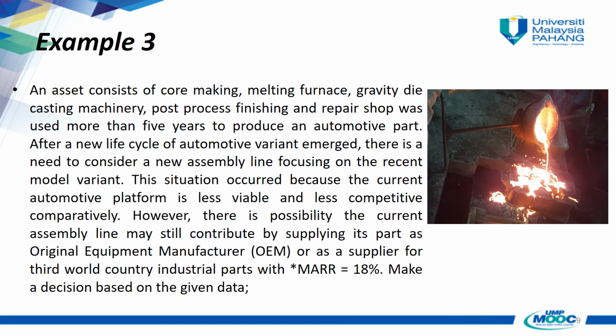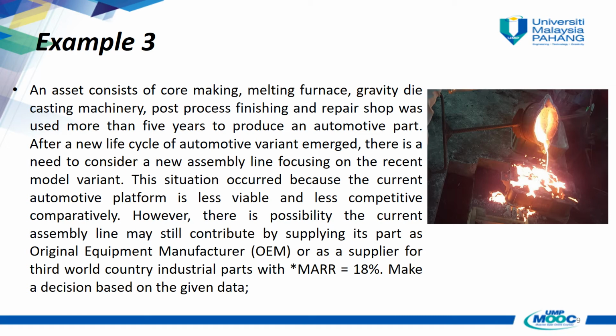Okay, let's see example number 3. We have an asset consisting of core making, melting furnace, gravity die casting machinery, post-process finishing and repair shop, which was used for more than 5 years to produce an automotive part. After a new life cycle of automotive variant emerged, there is a need to consider a new assembly line focusing on the recent model variant.